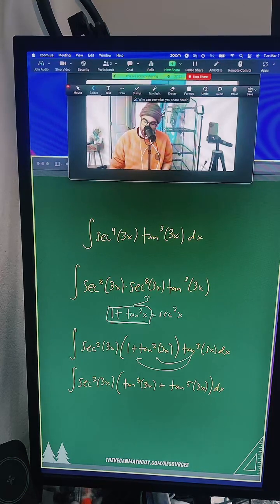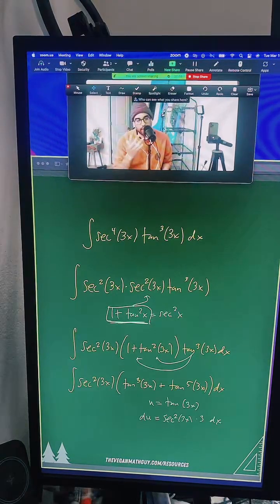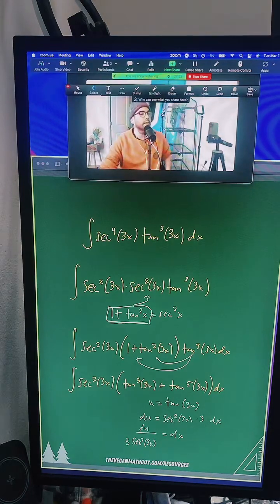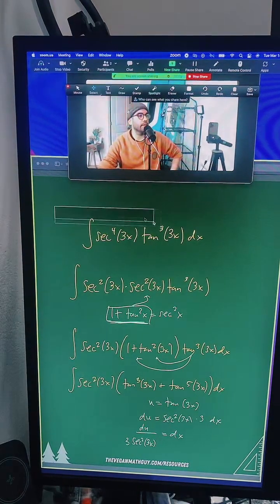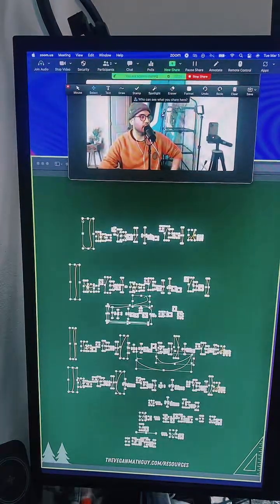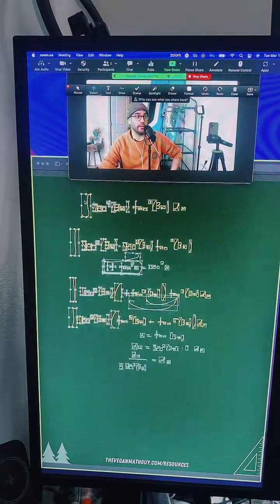And then now you can go ahead and make your u equal to tan of 3x, and your du is going to be secant squared 3x times 3 dx. And I'm going to divide all those values to the other side, so I have du over 3 secant squared 3x equals dx. Let's go ahead and make this a little smaller. And then someone, again, had requested another integral, which we'll do together.